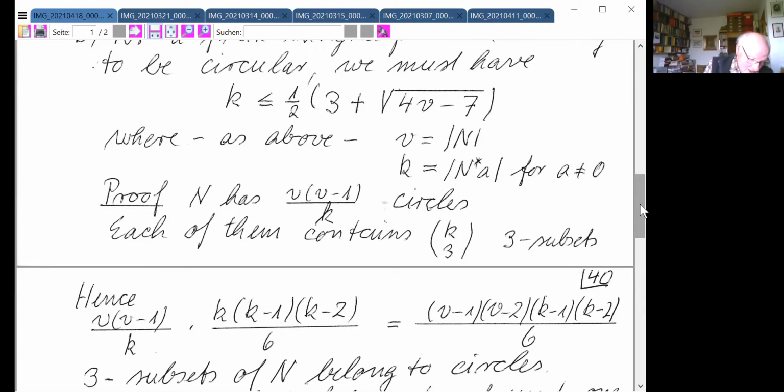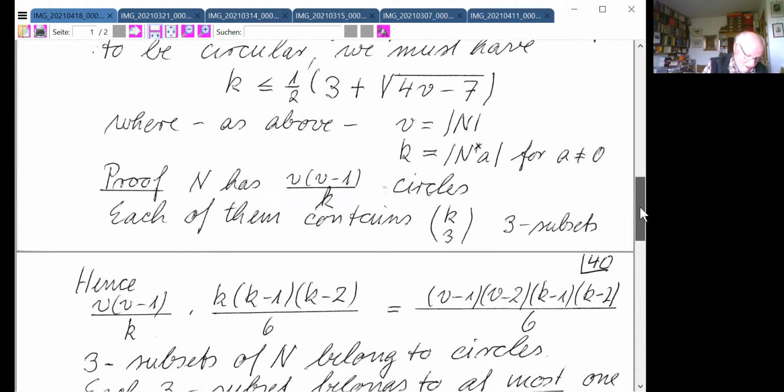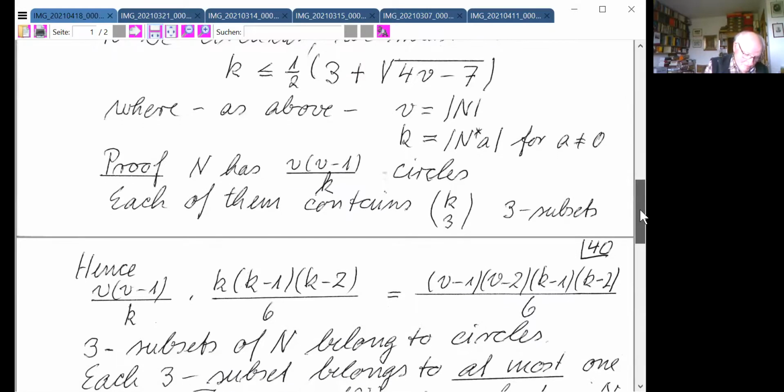Hence we have this equation. Hence we will have v times v minus 1 over k times k minus 1 times k minus 2 over 6 3-subsets of N. And the left side of this equation may be reduced to v minus 1, v minus 2, k minus 1, k minus 2 over 6.